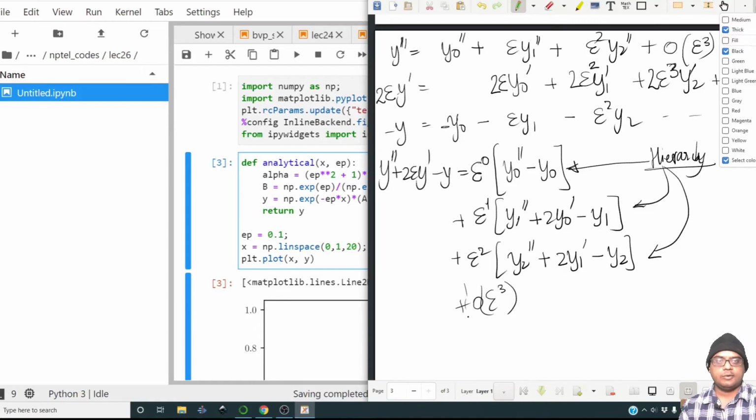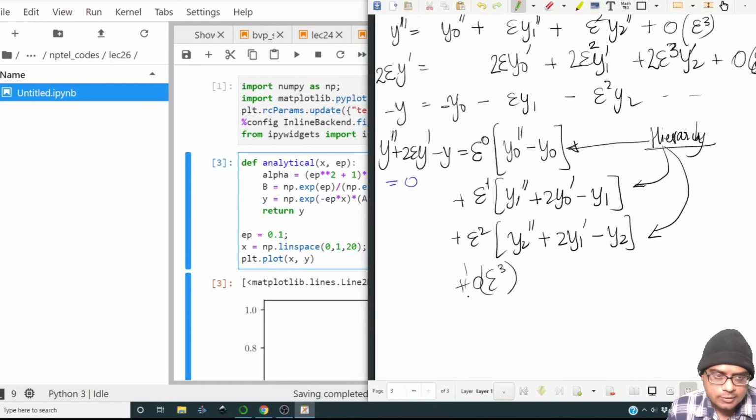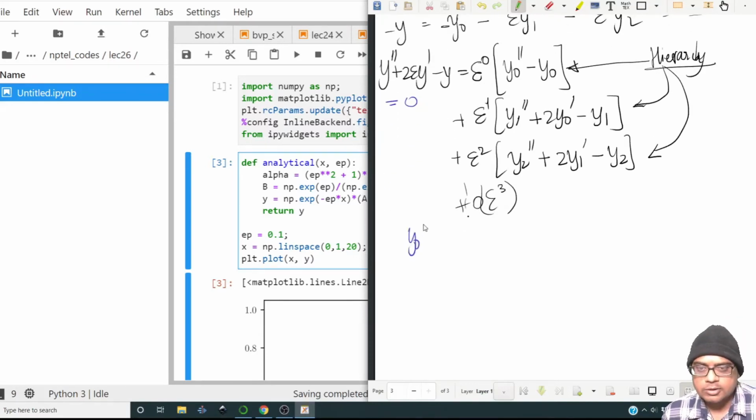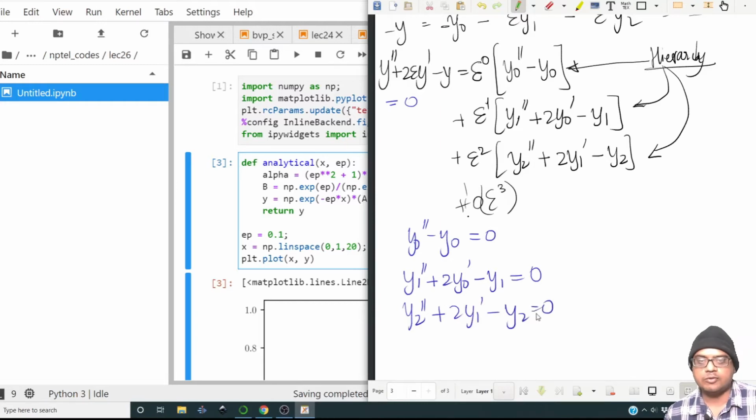Because this will be equal to 0, each of these terms has to be also 0, meaning y naught double prime minus y naught has to be 0, y1 double prime plus 2 y naught prime minus y1 has to be 0, y2 double prime plus 2 y1 prime minus y2 has to be 0.